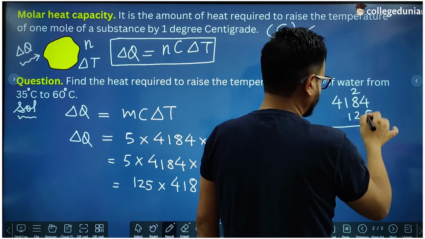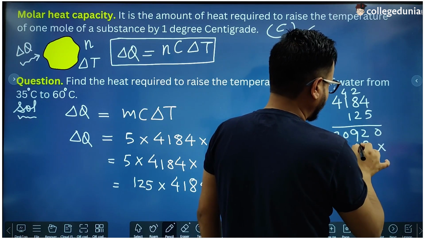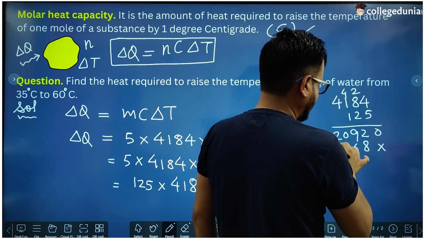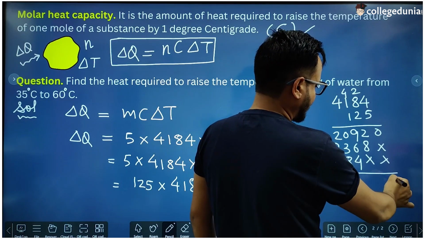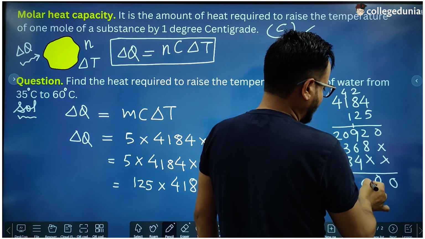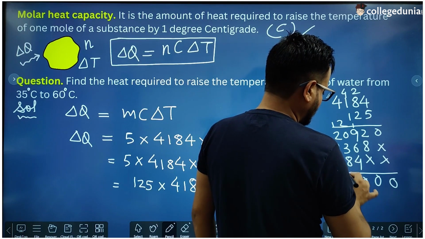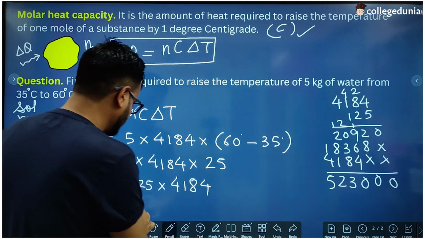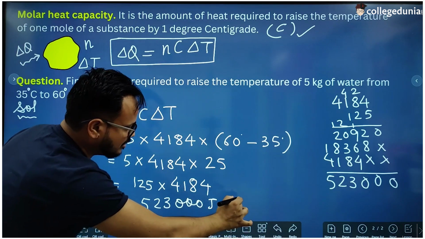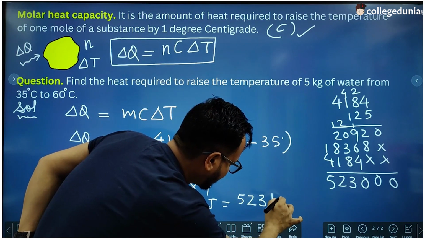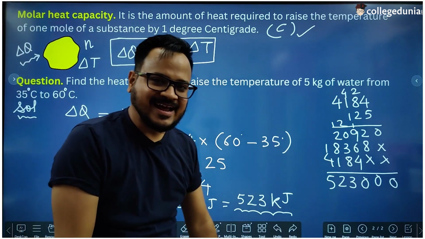So it is simply 523,000 joule, or we can say 523 kilojoule, because 1 kilojoule is 1000 joules, right?